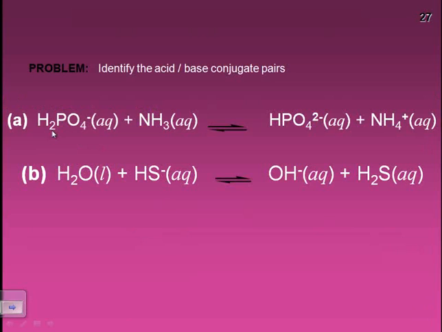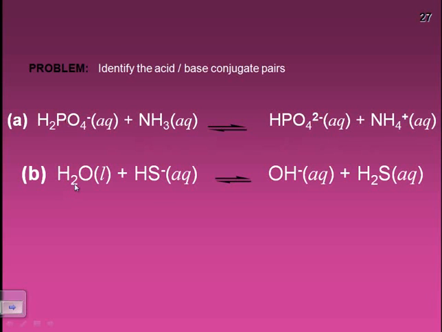Okay, so if I look at this again, I've got an H2 here and an H here, which means this is acting as the acid. Once it loses its H, it becomes its conjugate base. NH3 picks up the H plus to become the ammonium ion, so this is acting as a base. Once it gets here, though, it's now acting as an acid because it can donate the H plus and become an NH3.